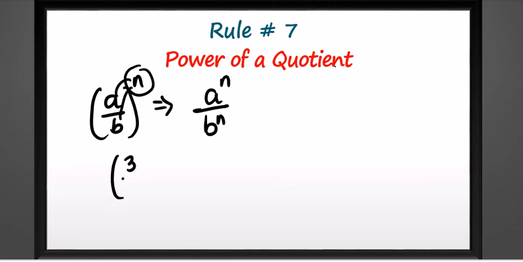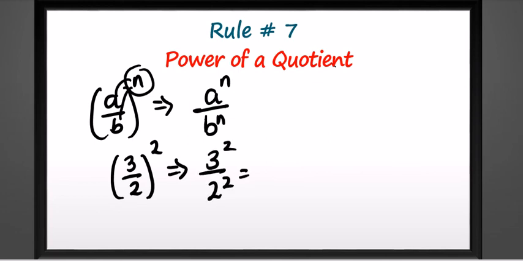Let's say you have 3 over 2 and then there's a power, we'll keep it simple, 2. There are 2 ways to do it. You can do 3 over 2 times 3 over 2, or you can do 3 to the power 2 divided by 2 to the power 2. That is going to be 9 over 4.